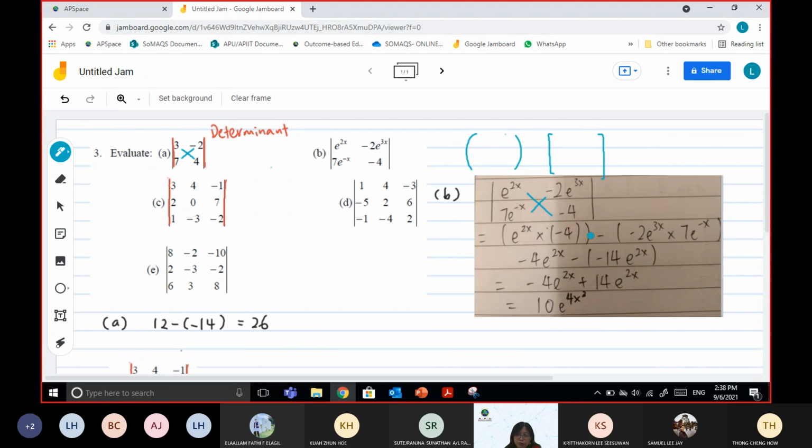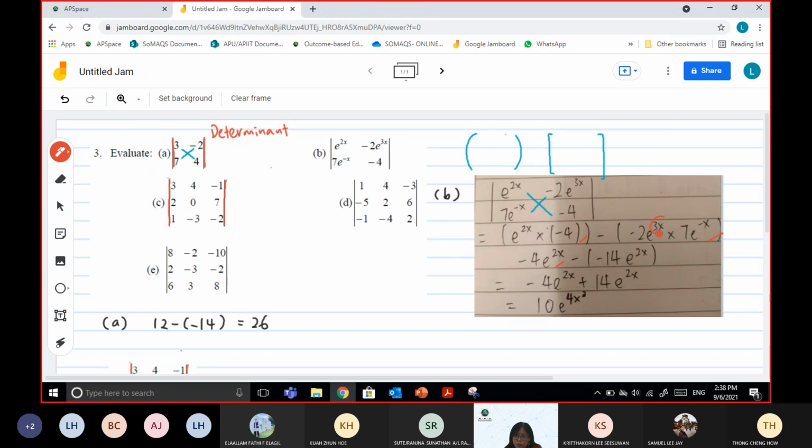Let's have a look from the beginning. When e^2x multiplies by -4, correct? Minus 2e^3x multiplies 7e^-x. So multiply -4e^2x, this one is correct. So this one will be -14.